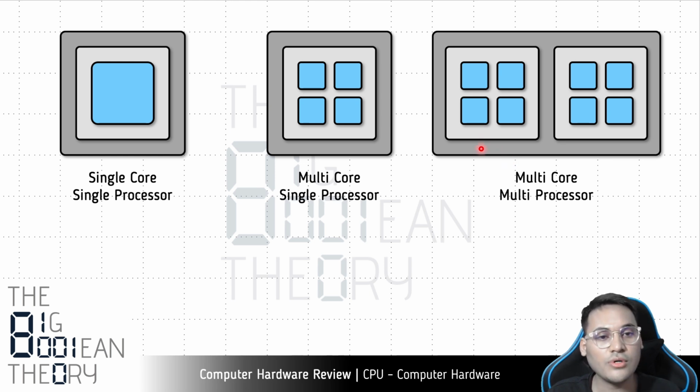Here we have 2 sockets, and we can fit 2 chips onto these sockets, and they also have multiple cores. So this is how replication can scale your performance. You can either replicate the cores or go for replication of the entire chip itself. So this was one of the optimization techniques. Apart from optimizing the core itself, you can achieve more performance by doing replication.